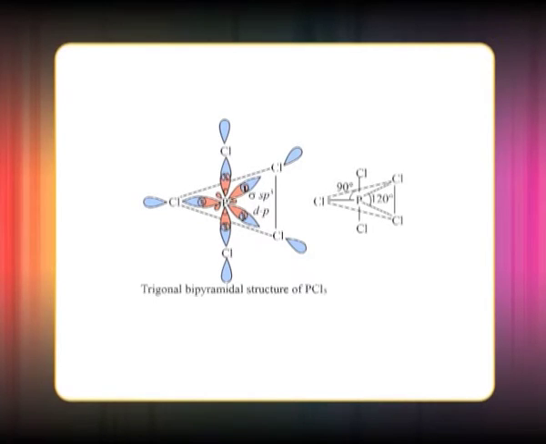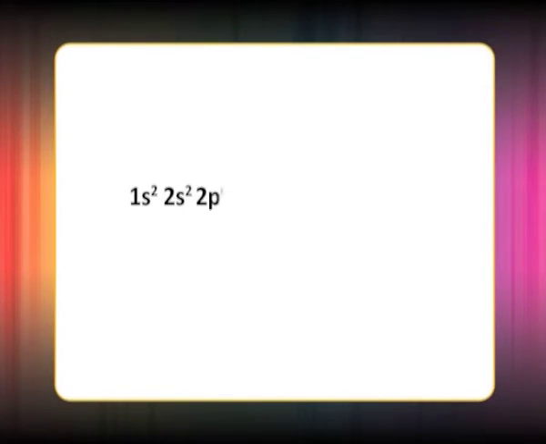Hence, the phosphorus atom undergoes excitation to promote one electron from 3s orbital to one of the empty 3d orbitals. Thus, the electronic configuration of phosphorus in the excited state is 1s2, 2s2, 2p6, 3s2, 3px1, 3py1, 3pz1 and 3d1.